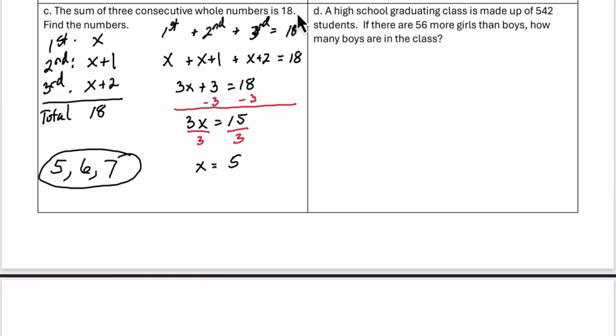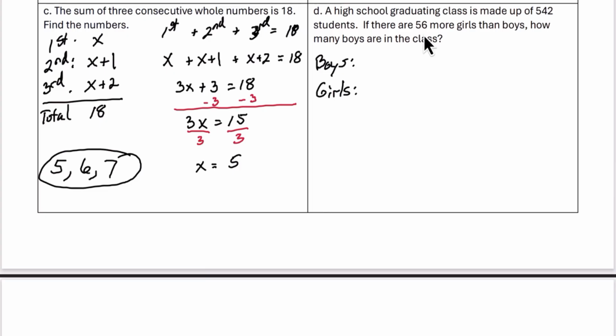And in part D, a high school graduating class is made up of 542 students. If there are 56 more girls than boys, how many boys are there in the class? So we have boys and girls. 2 unknowns, but one of them we know a tiny bit about, one of them we know nothing about.